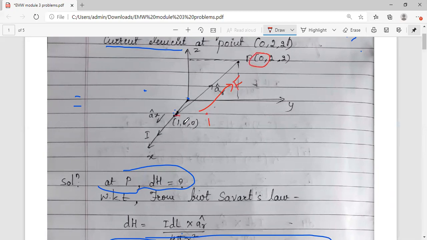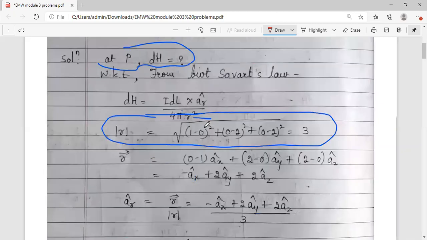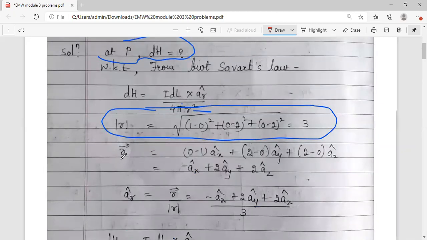So 0 minus 1 in the x direction, 2 minus 0 in the y direction, 2 minus 0 in the z direction. So I have got it as minus AX plus 2AY plus 2AZ. So this is the position vector.